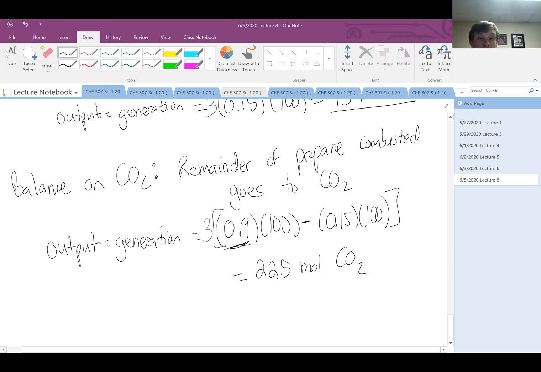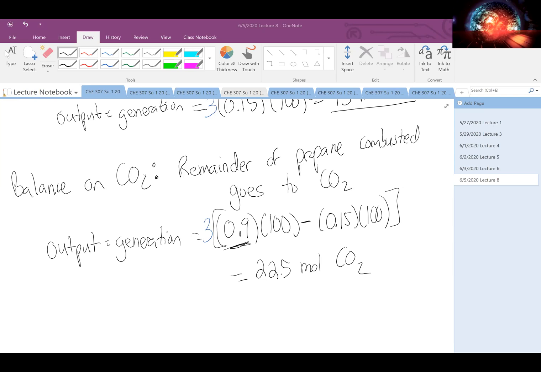So 15% of the 90 moles reacting creates CO. I see what you're saying. It's admittedly kind of vague in how it's written. So you're saying you took it as 90% of the propane is reacting. Of that 90%, 15% is forming CO. Yes, sir.